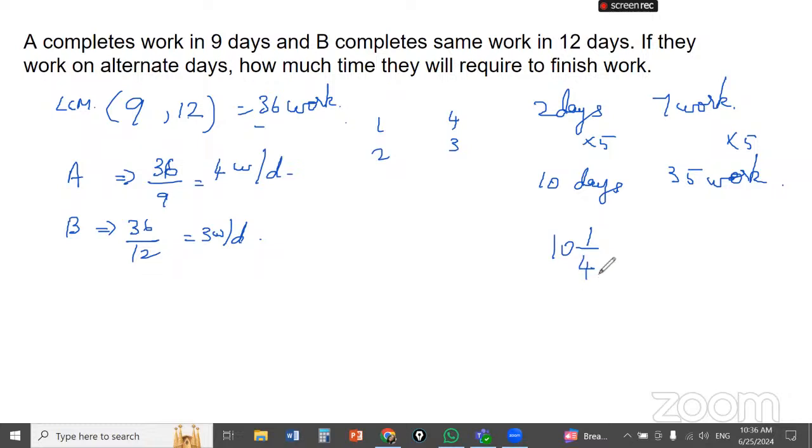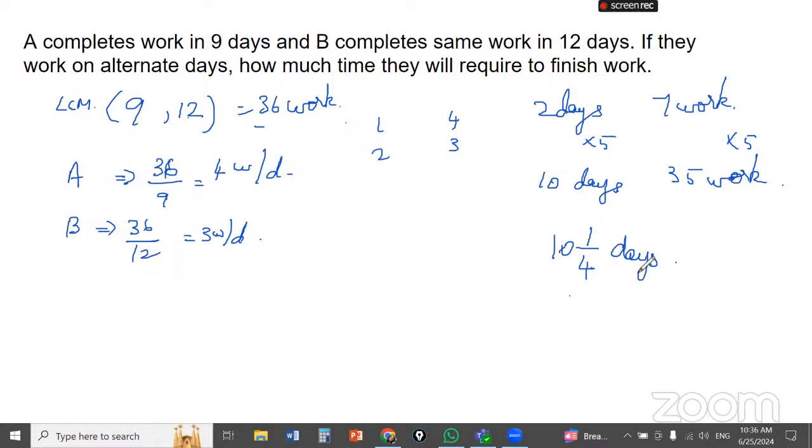This is the exact answer. So when they work alternately, they'll be completing the work in 10 1/4 days. On the 11th day, it's not the whole day, just 1/4 of the day.